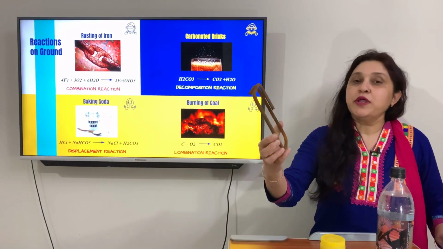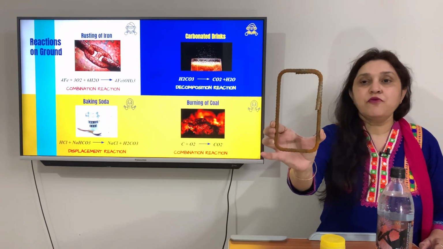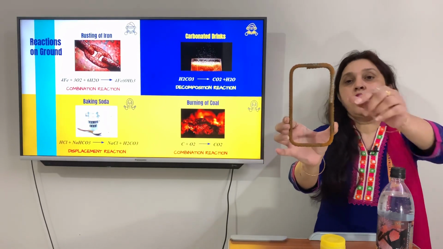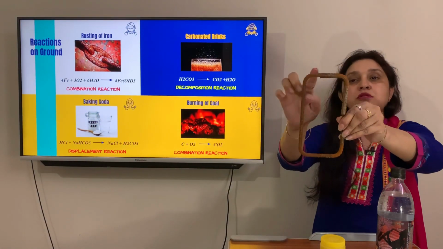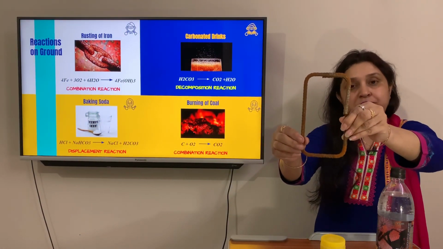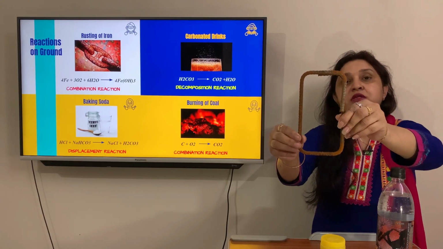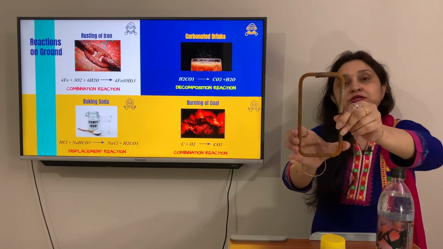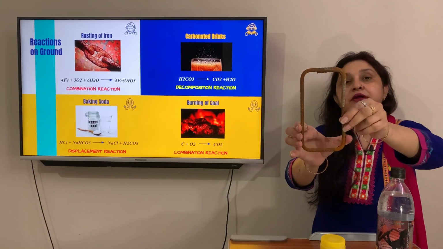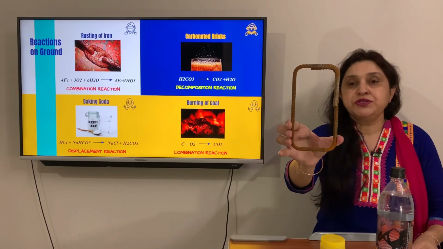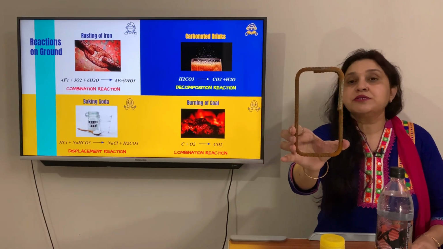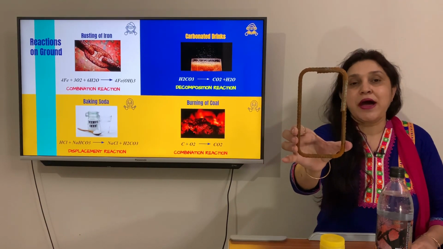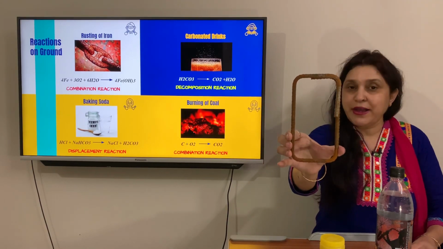Let's take one more example. This is a piece of iron and you see, observe this piece of iron, it is coated with some brown substance. What is this brown substance? This brown substance is rust, and rust is formed when iron is exposed to moisture and oxygen. And you know that rusted iron cannot be attracted towards the magnet.